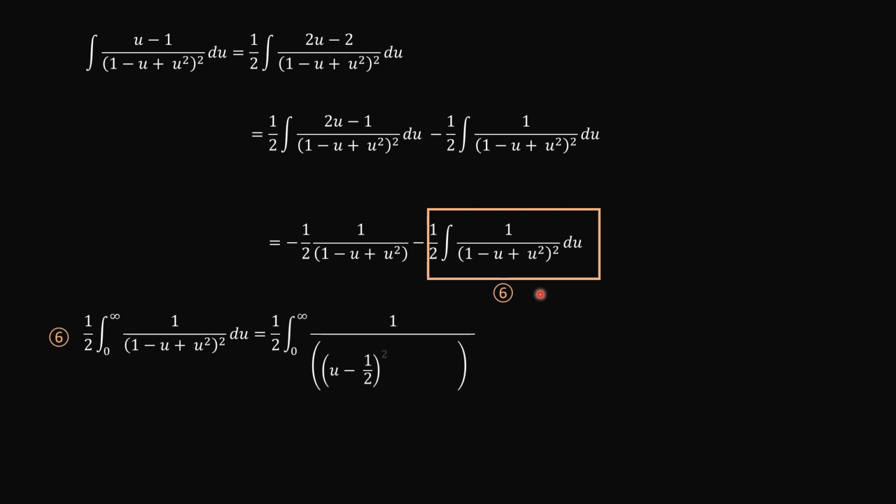squared) squared du, is the same as, using the same technique where we express things in perfect squares in the denominator here, using u minus a half squared, and letting that be equal to... let u minus a half equal square root of 3 over 2 tan theta, such that du is the same as square root of 3 over 2 sec squared theta d theta.